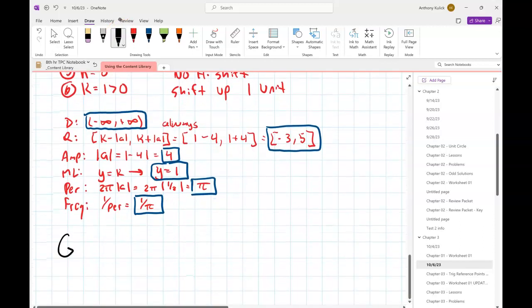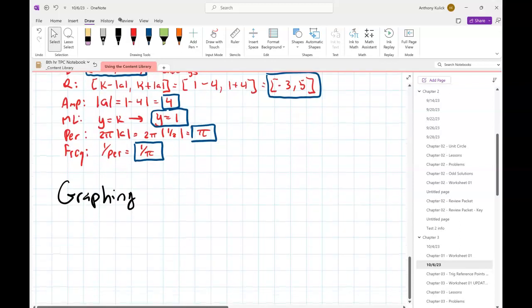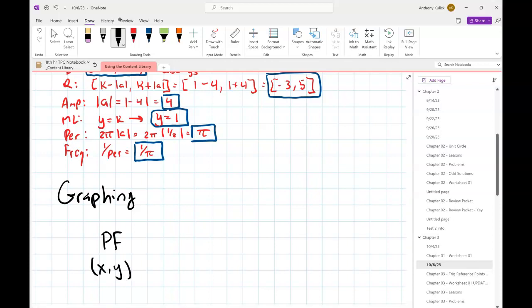So what we're going to talk about next is going to be graphing. Recall from last time, we said, okay, we have some parent function with points x, y, and we do some kind of transformation to it to turn it into a resultant function.